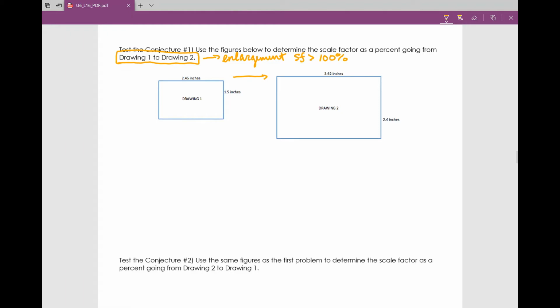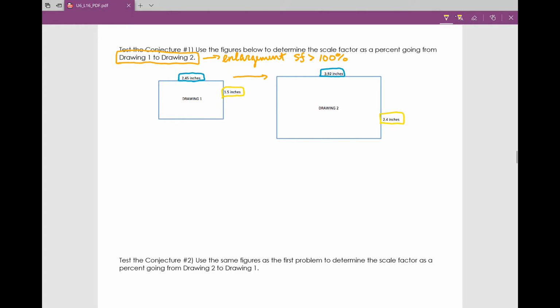Good. Now let's go ahead and annotate our corresponding sides. Looks like we have 2.54 inches as the length, and we also have 3.92 inches as the length. Then over here, we have 1.5 inches as the width, and we have 2.4 inches as the width.